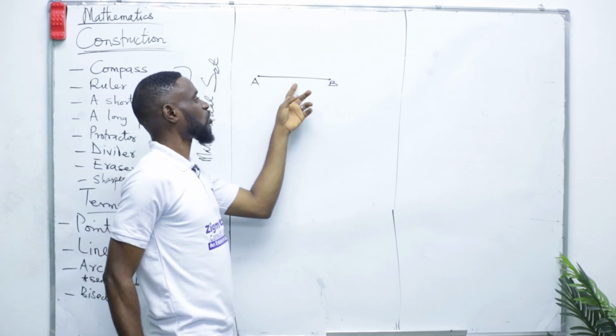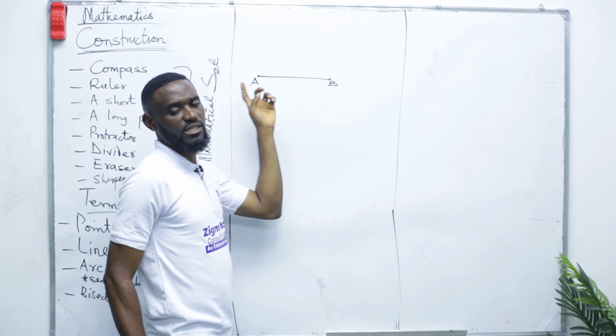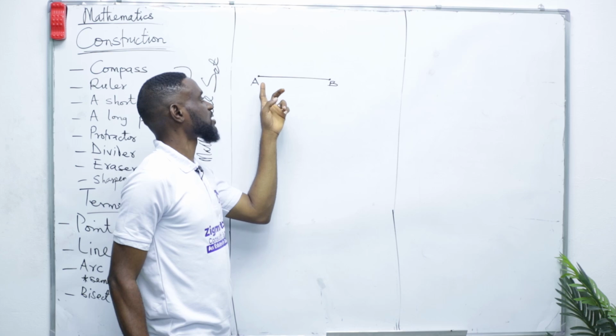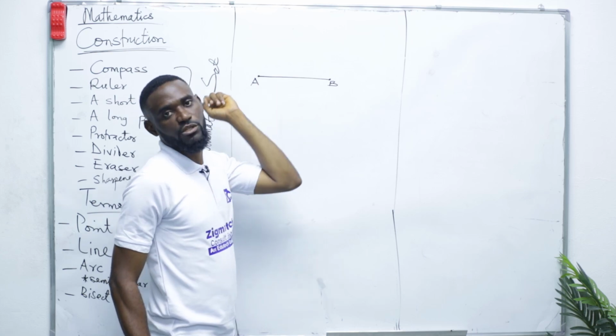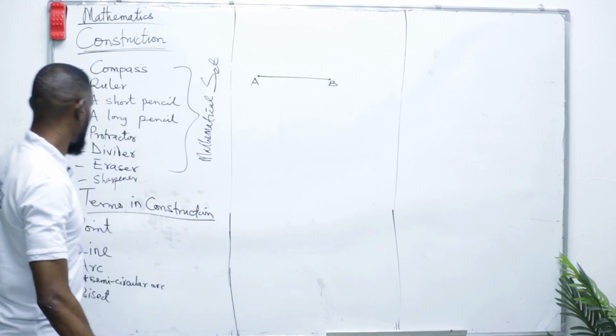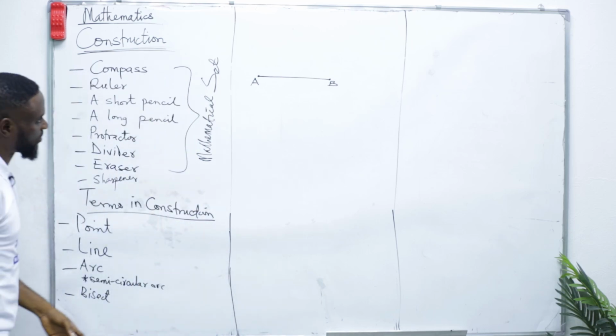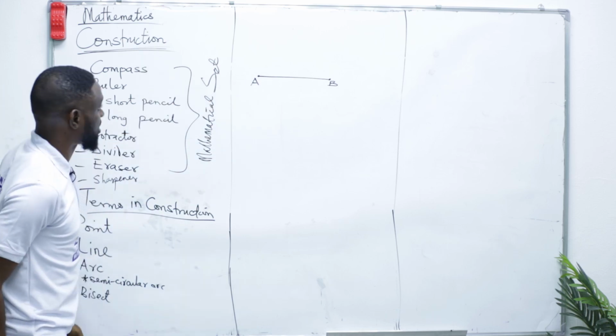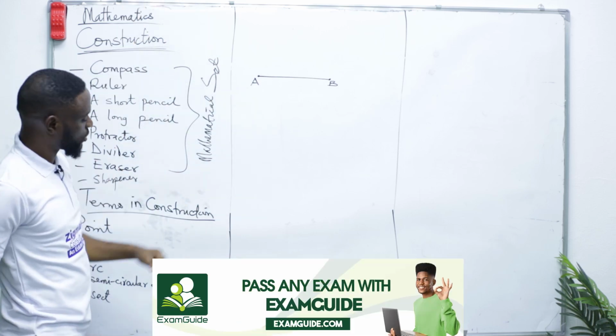Line is any stroke that runs from a point to another point. It can be vertical or horizontal.